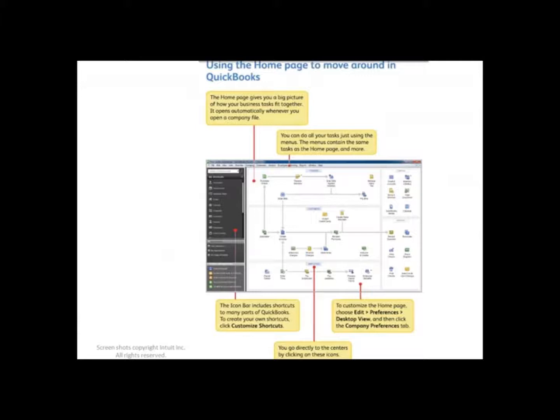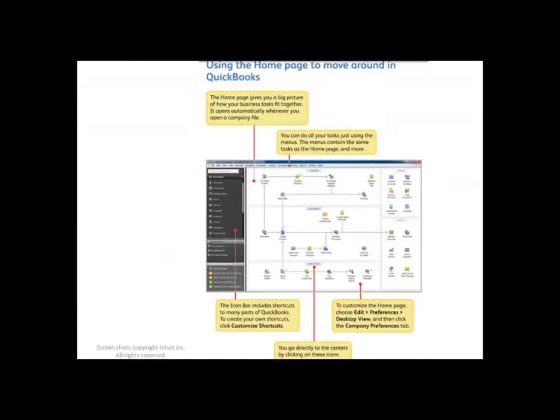And if you want to customize your home page, meaning, okay, my screen doesn't look like your screen, so how do I get my screen to look like I want it to? The way you do that is under QuickBooks up at the top, you would click on Edit, and then you would click on Preferences and your desktop view, and changing your preferences will determine what shows up.